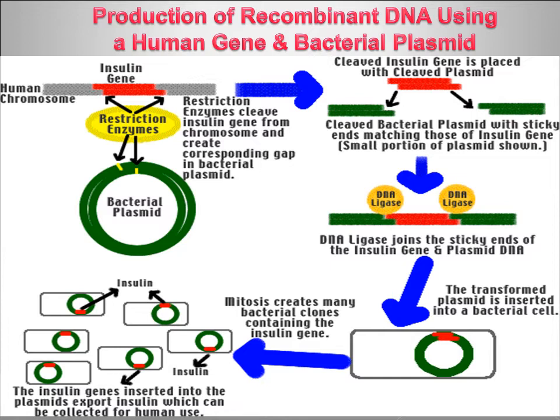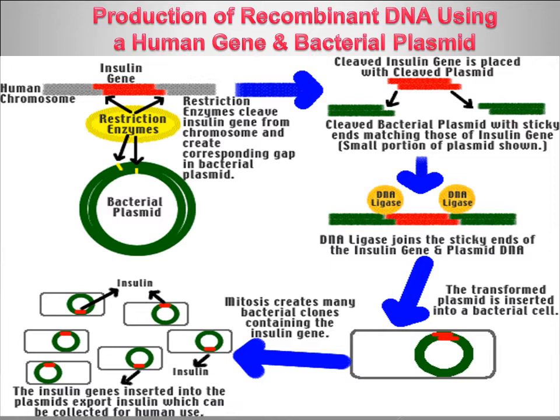Here restriction enzymes cleave the insulin gene from a chromosome and create a corresponding gap in a bacterial plasmid. Further, the cleaved insulin gene is placed with the cleaved bacterial plasmid, with the sticky ends matching those of the insulin gene.